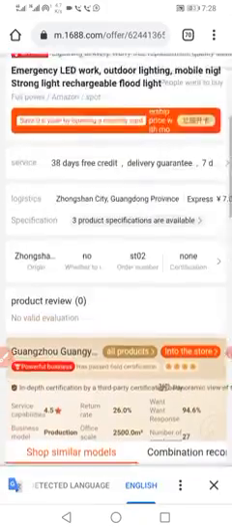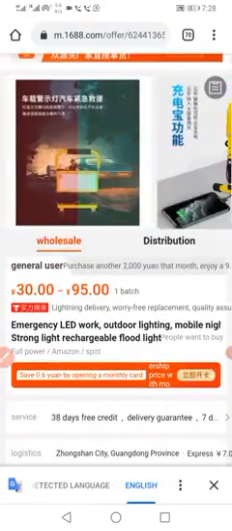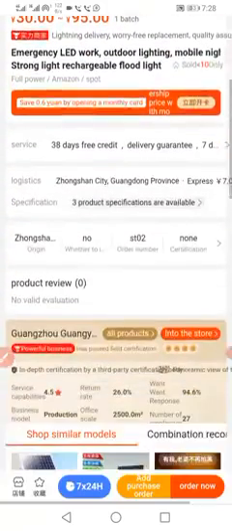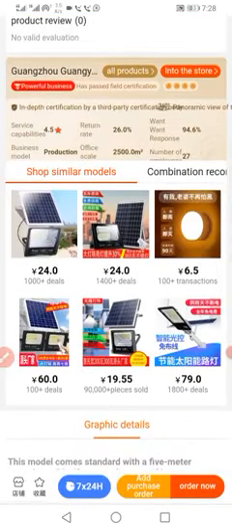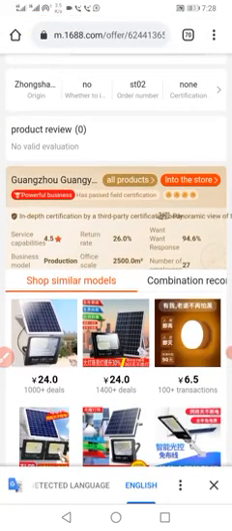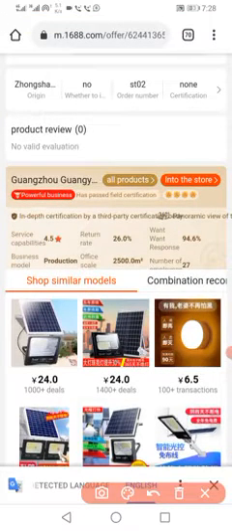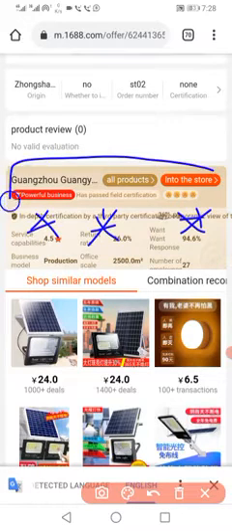As I said earlier, this is still the same thing, and this is still the same thing. This is where you find the name of the manufacturer. So this is the third thing to look out for.